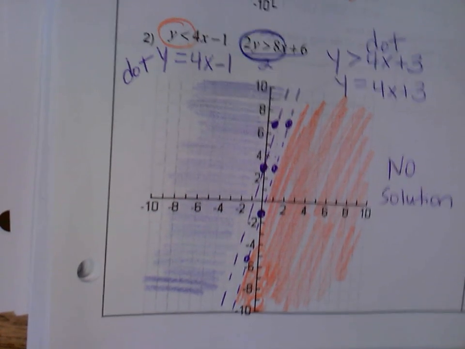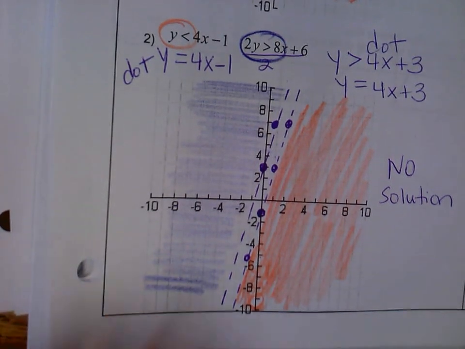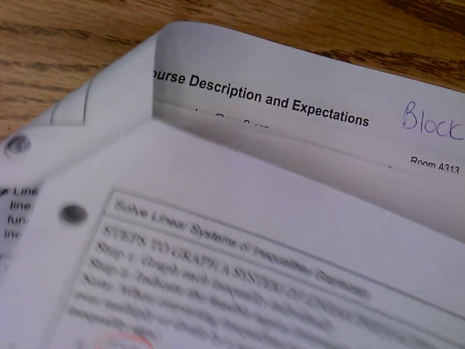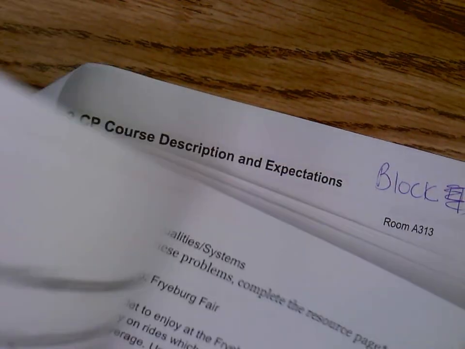Because you haven't lived until you've at least seen an agricultural fair, right? So anyway, we're just going to start to set up this problem, and then we can work on it next time too.